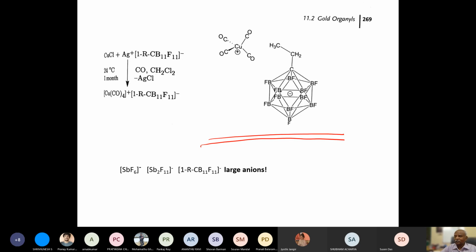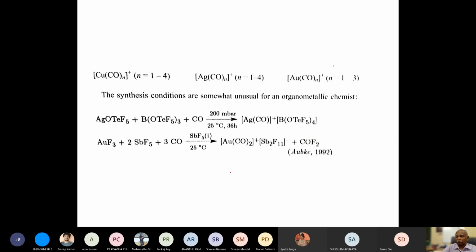These molecules are extremely susceptible to nucleophilic attacks. Any small amount of water or oxygen is also a good nucleophile when you compare it with species like this, so they will all start reacting with this. As a result, you need to stabilize it in the solid state, and it was only Strauss who made these very large anions to stabilize these molecules.